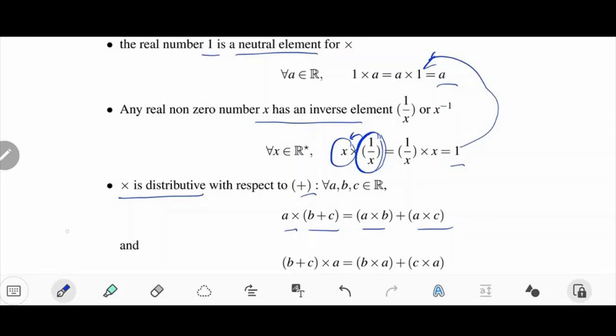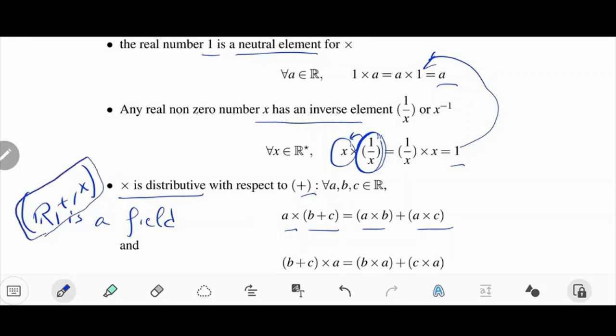It leads to say that R is a field, and more particularly R equipped with plus and times is a field. Any structure having two binary operations that satisfy all these properties is called a field. You will study this in algebra, so no need to focus a lot on it here.